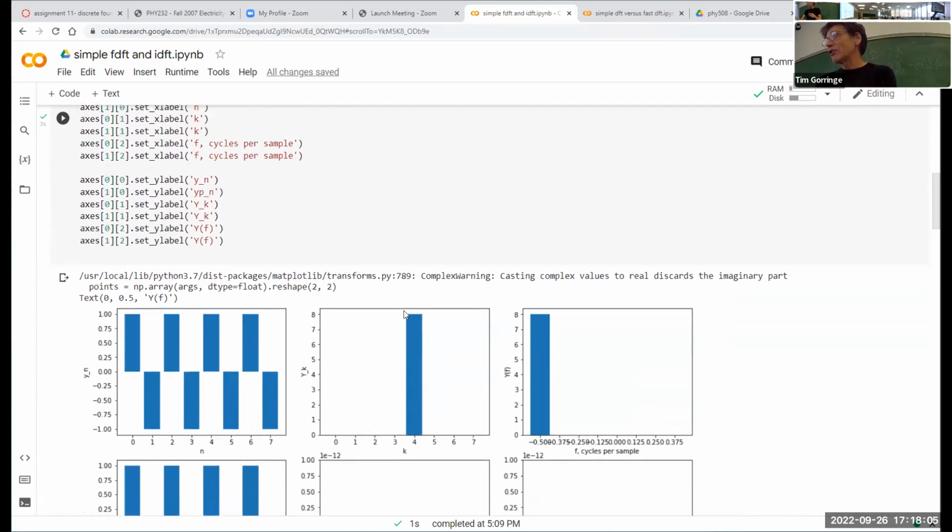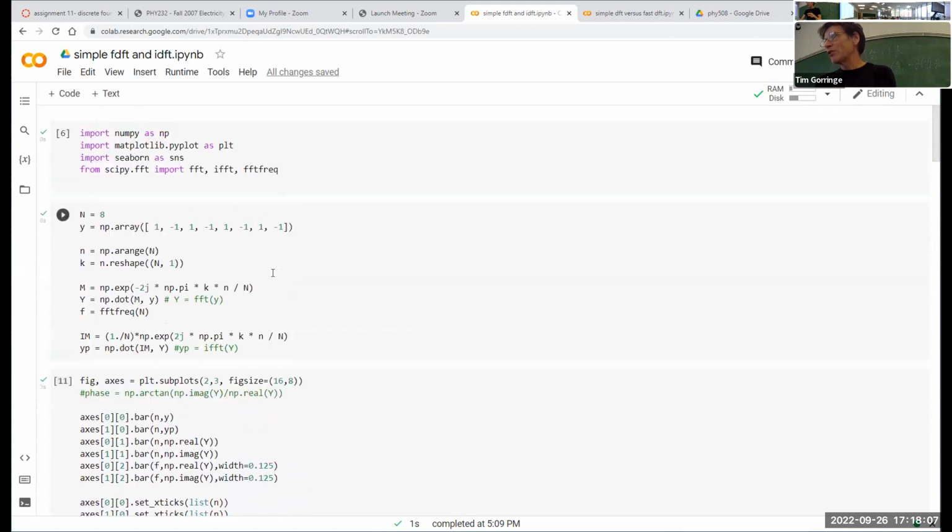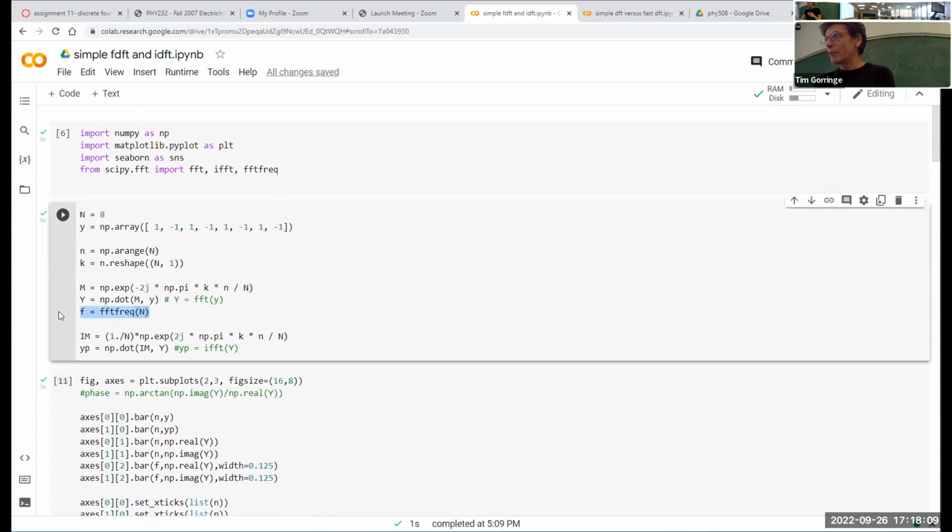To better answer your question, I think maybe I skipped one thing to begin with. I had this one other function call here. So when I'm in that central column, I'm plotting the time domain, frequency domain data versus the index k, and that's just going from 0 to 7.